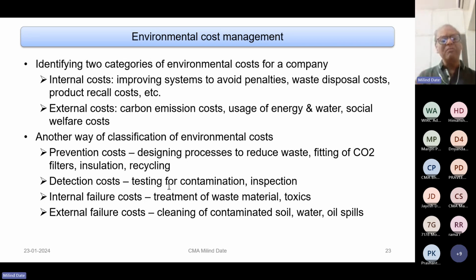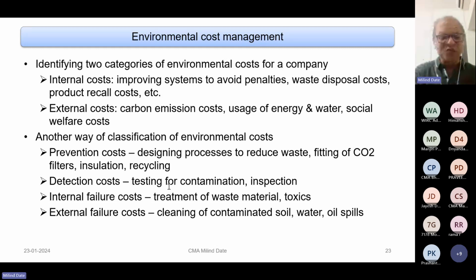Still, if you keep producing something which affects environment, detection cost, you test the discharge water for contamination. So there will be testing cost, inspection cost. These are with the objective of detecting whether I have done anything wrong to the environment. Internal failure is obviously creation of waste material, creation of toxics.